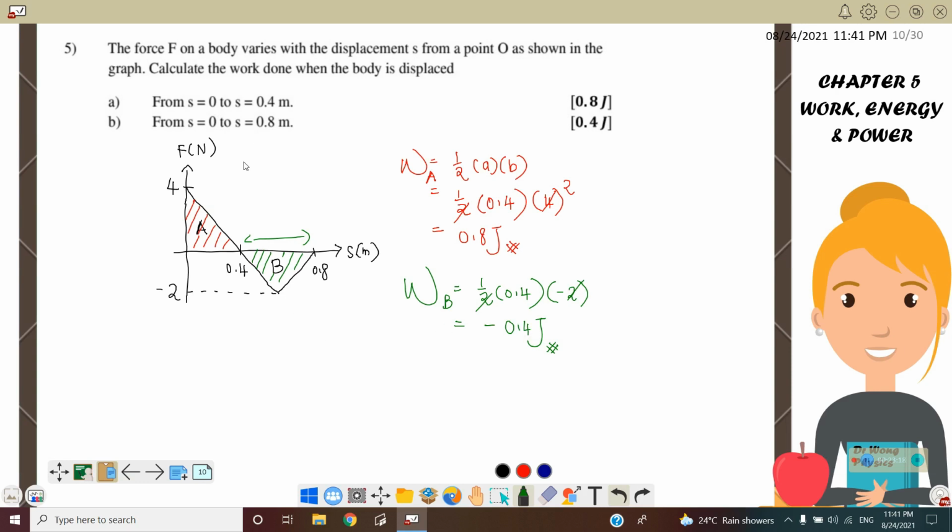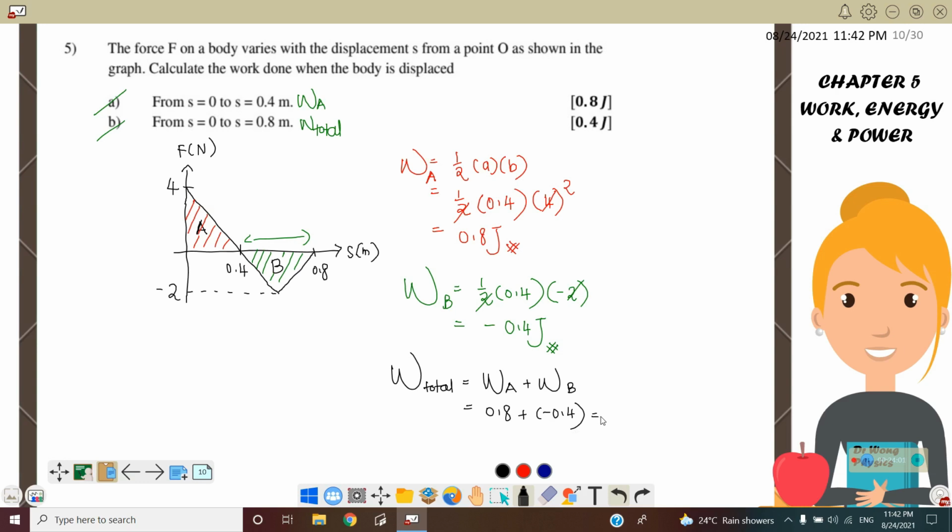Next, this is A and this is B. Just now for A, we already found S from 0 to 0.4. For B, we want to find the work done from 0 to 0.8, meaning the total. The total work done is the work done for part A plus the work done for part B, where A is 0.8 just now and B is negative 0.4.